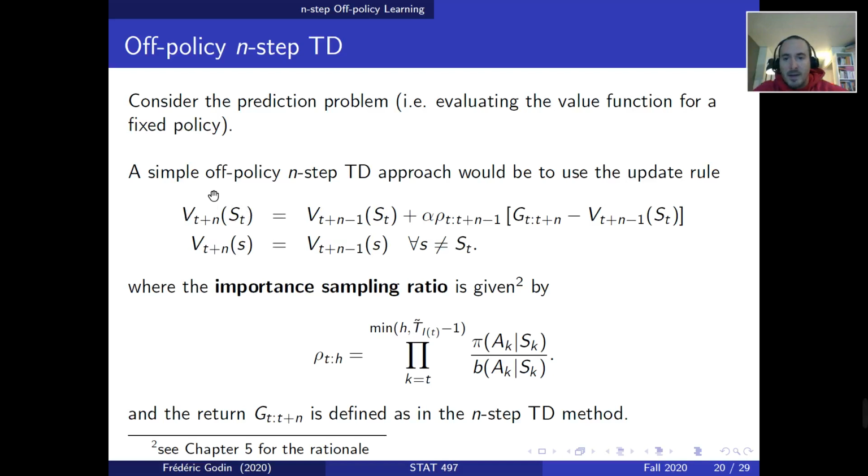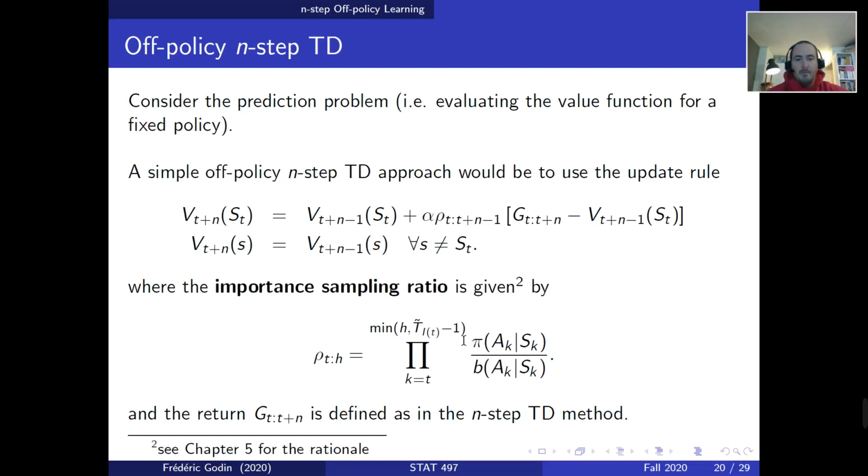The next estimate is the previous estimate plus the learning rate times the importance sampling ratio times the target minus the current estimate. First, let's look at the importance sampling ratio. This is rho from t to t plus n minus 1. If we look at the definition of rho t:h, it's the product for k going from time t to the minimum between h and this quantity.